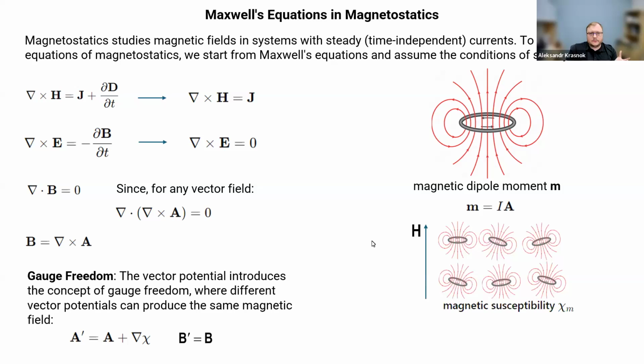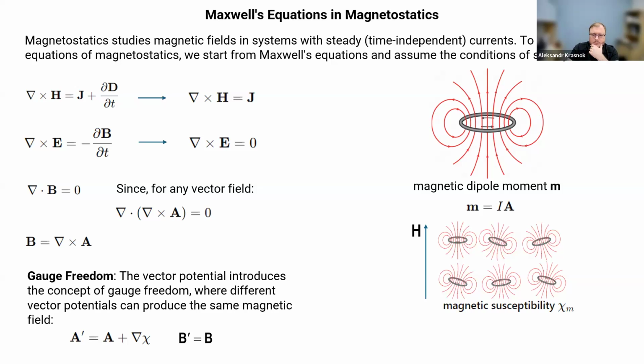The response of one single loop of current is negligible in this case, but if you sum up the response from many of them, you will get a noticeable effect, right?